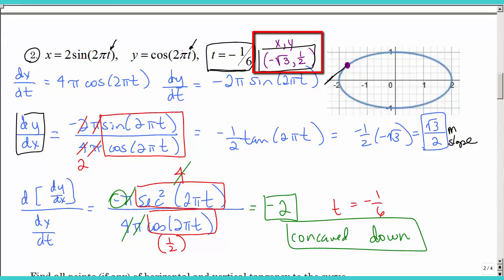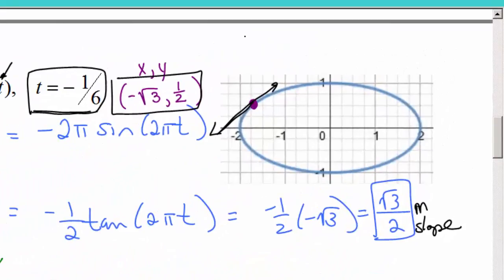So could I find the equation of that tangent line? Yes, very easily. So I'd have y minus y1 equals my slope times x minus x1.